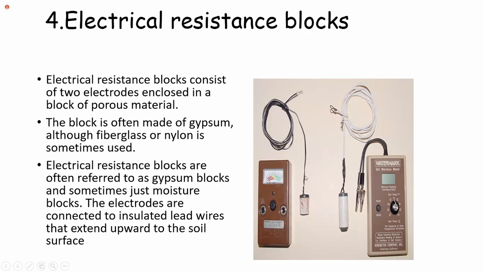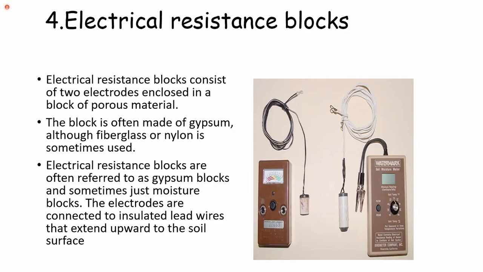electrical resistance block. It consists of two electrodes enclosed in a block of porous material, which means it will allow water to come inside and outside. Within this porous material, two electrodes are inserted. The block is often made up of gypsum, although fiberglass or nylon is also sometimes used.